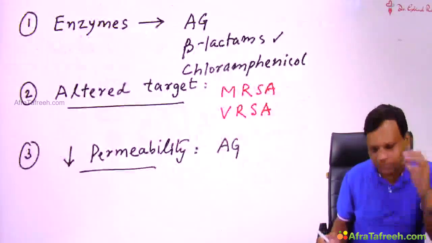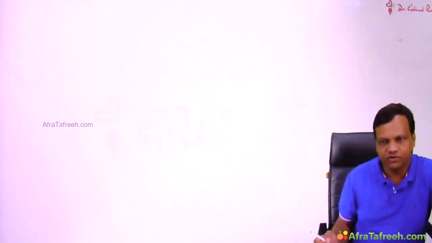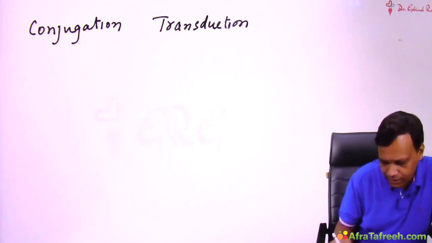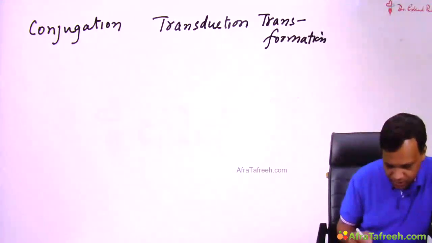We have three major methods of horizontal transfer of drug resistance: conjugation, transduction, and transformation. We'll try to understand.